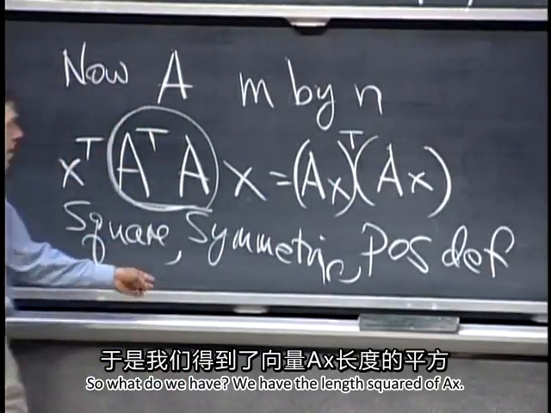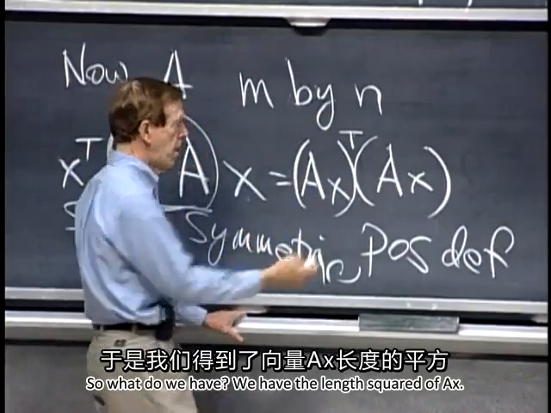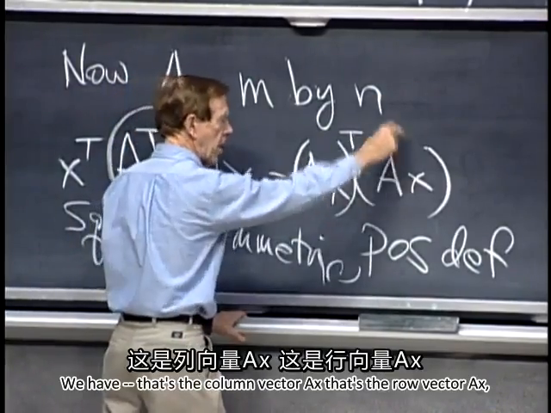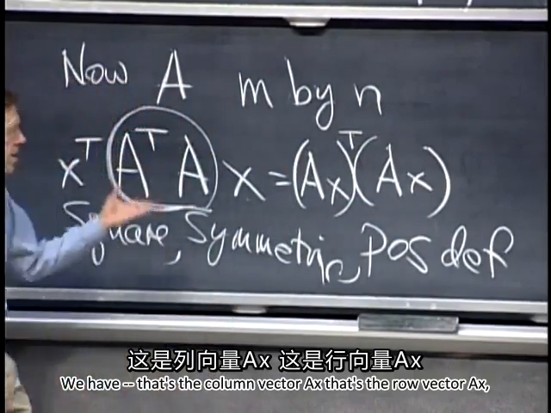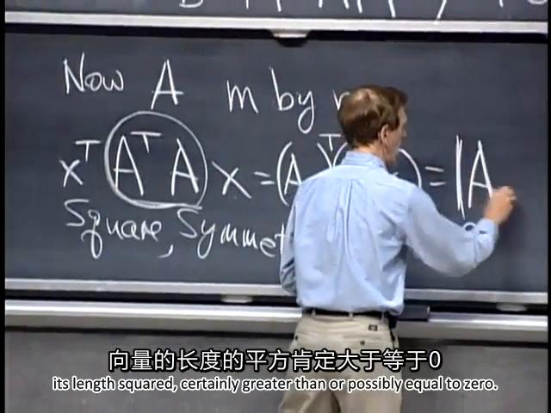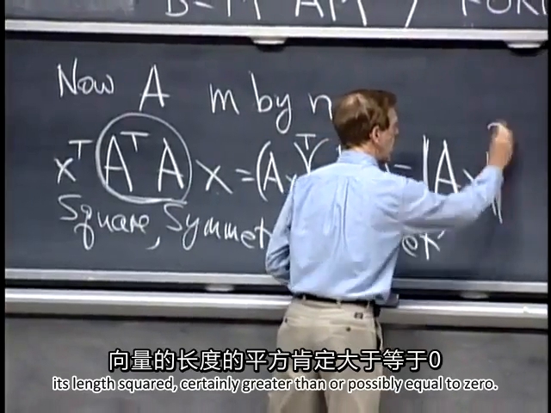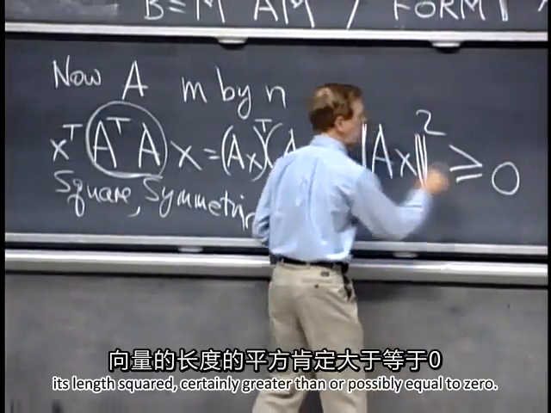So what do we have? We have the length squared of AX. That's the column vector AX, that's the row vector AX. It's length squared, certainly greater than or possibly equal to 0.